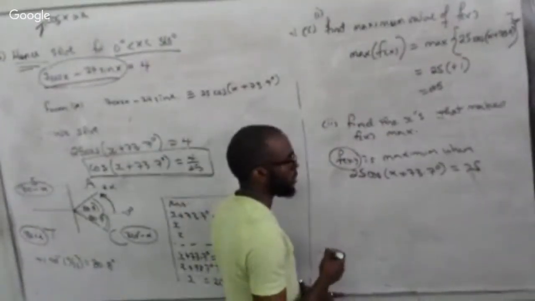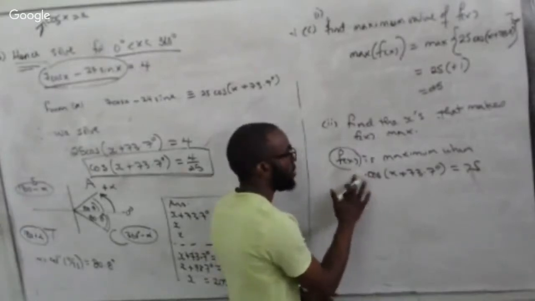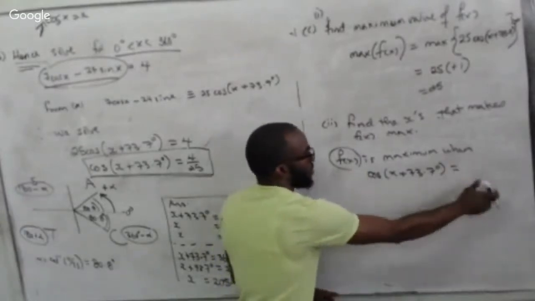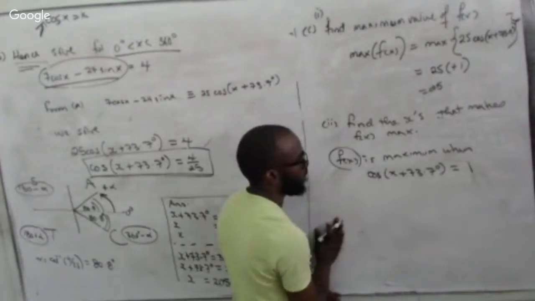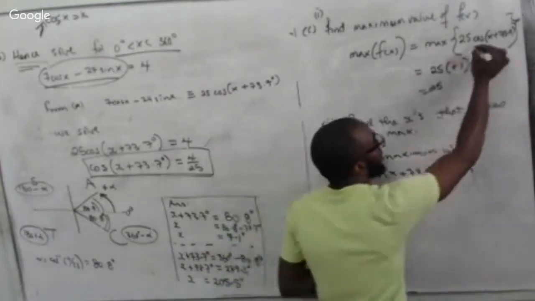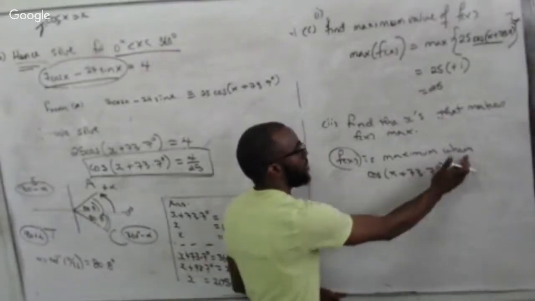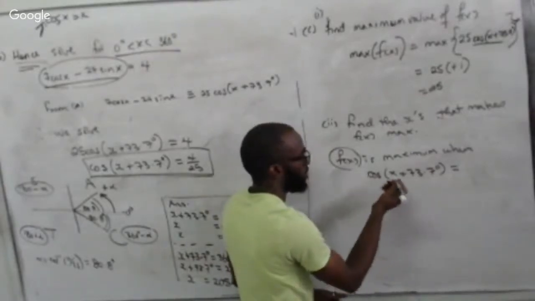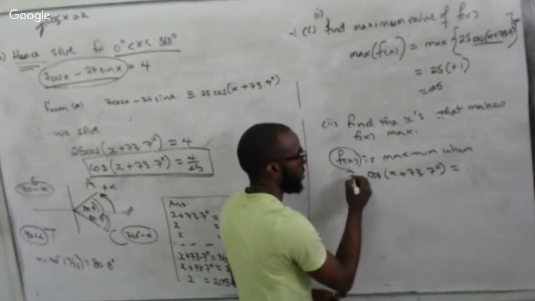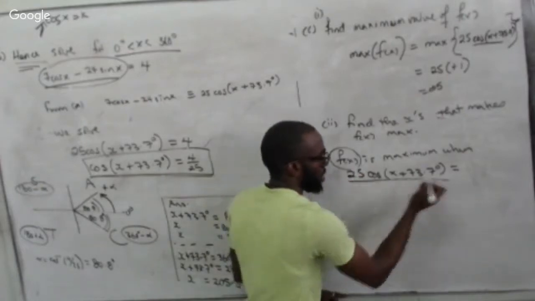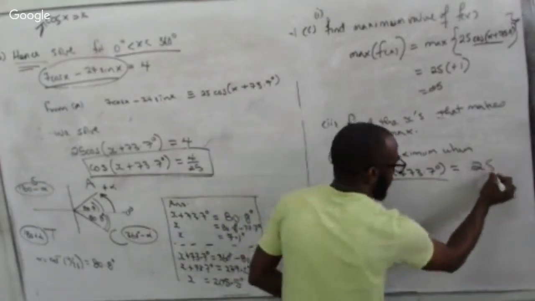But when did the maximum occur? I was suggesting that f of x is max when cosine of something equals 1. Cosine of that very thing equals 1. But if you're not seeing that clearly, you can say, well, what is the maximum value of f of x? F of x was first and foremost written as that. And the maximum value is 25.